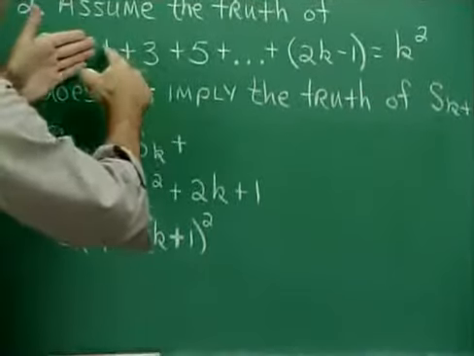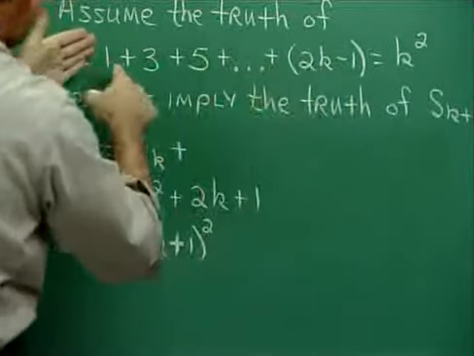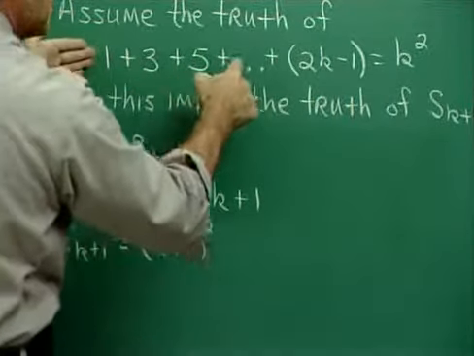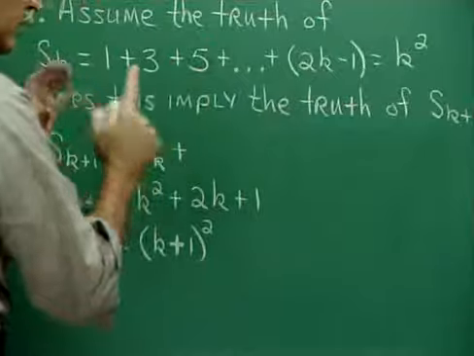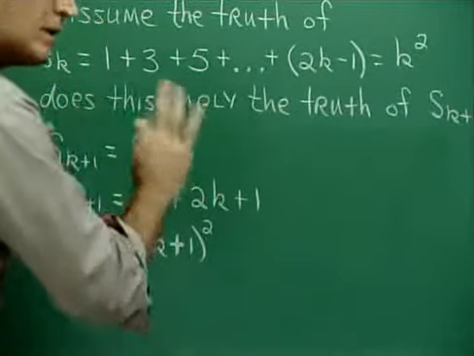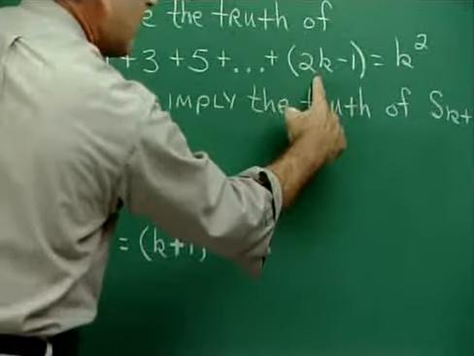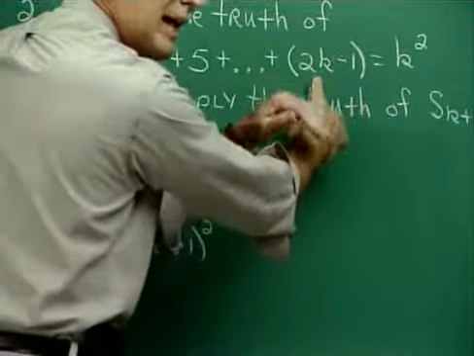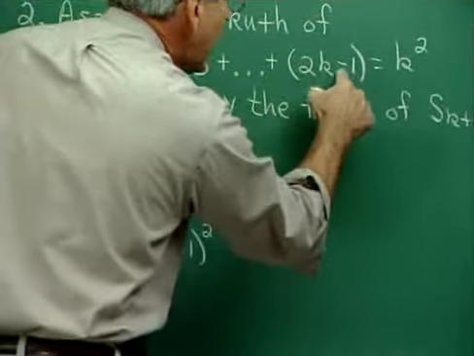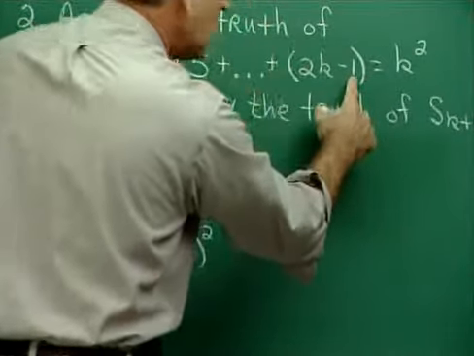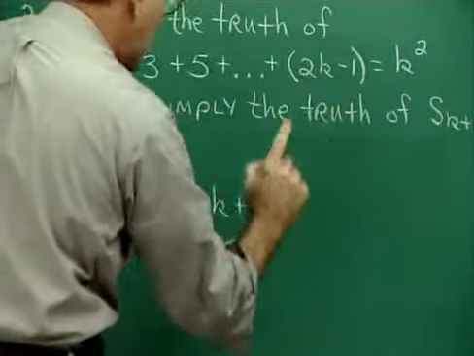Well, what's the next item in this group? We have 1 and 3 and 5 and 7 and 9 and so forth, and we're talking about odd numbers, and they differ from one another by 2. So if we just take this 2k minus 1 and add 2, we'll have the next item. So 2k minus 1 plus 2 would be 2k plus 1.